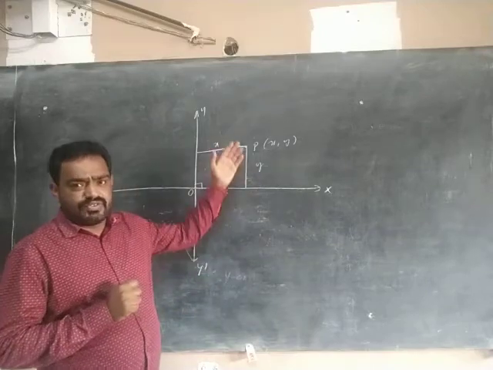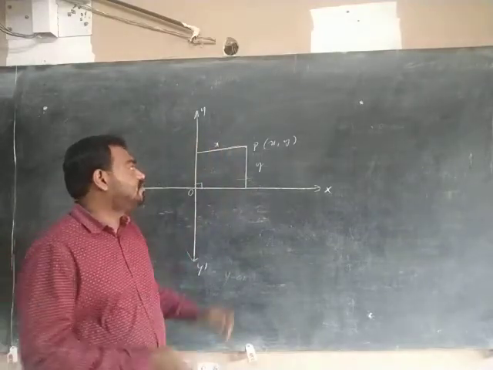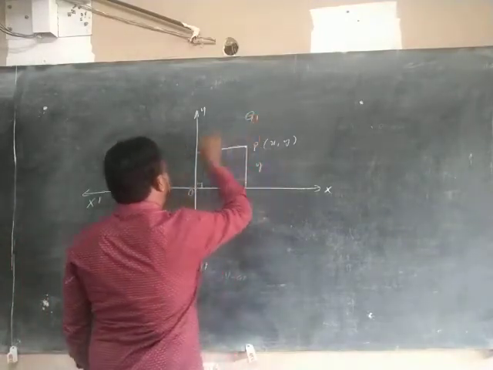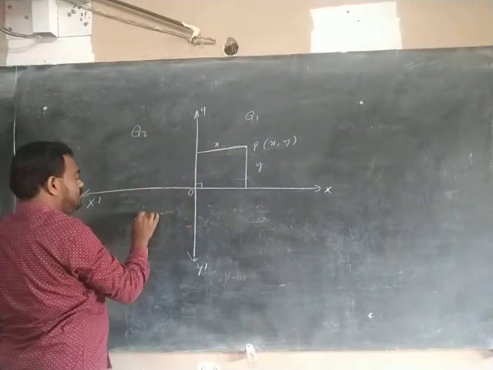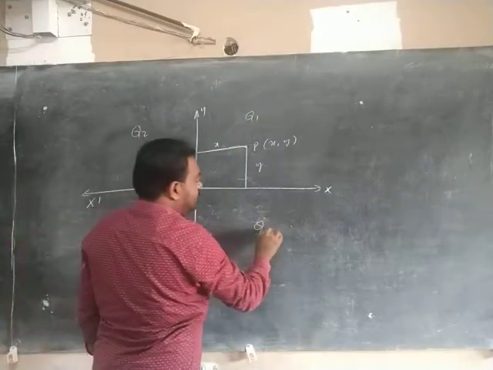We told about quadrants: first, second, third, fourth quadrant, right? So how do we define the first quadrant?